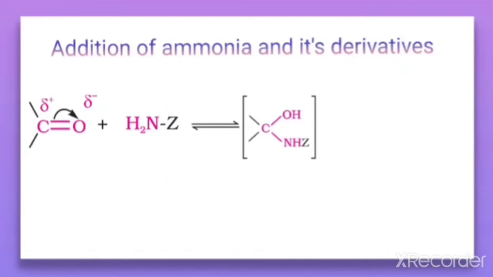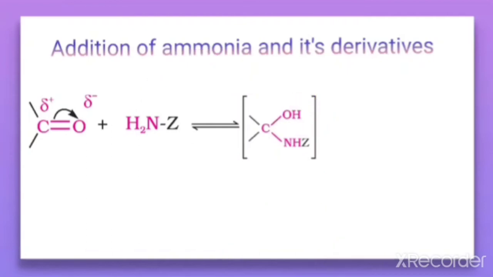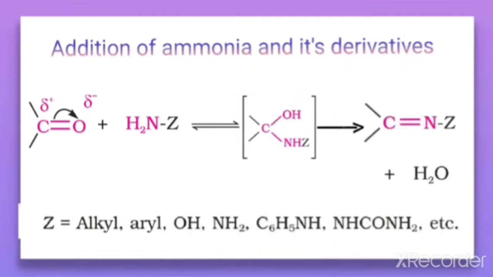Here there is a loss of water. Now how can we remove the water from here? That is OH from here and one H from here. Water is removed, because addition has taken place. Now this is the addition product, and with the removal, that is the elimination of water, we get the final product in this way.